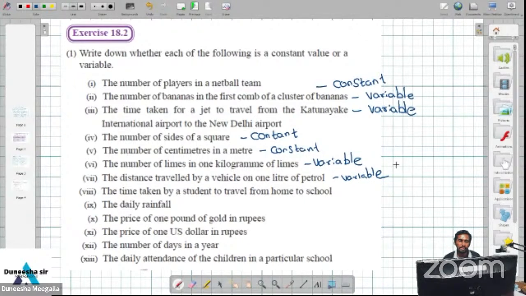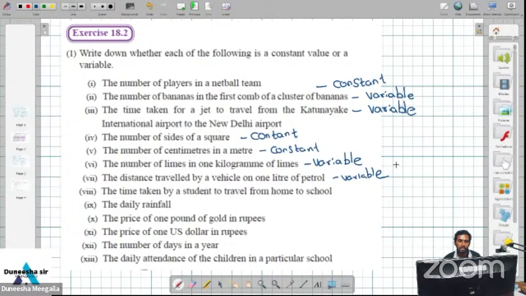Some motorcycles can go about 50-70 kilometers per liter, but some vehicles can travel only 2 kilometers, 3 kilometers, about 20 kilometers per liter. It's a variable from vehicle to vehicle. Okay.